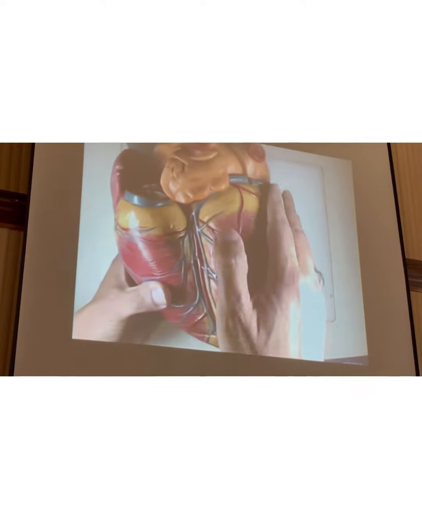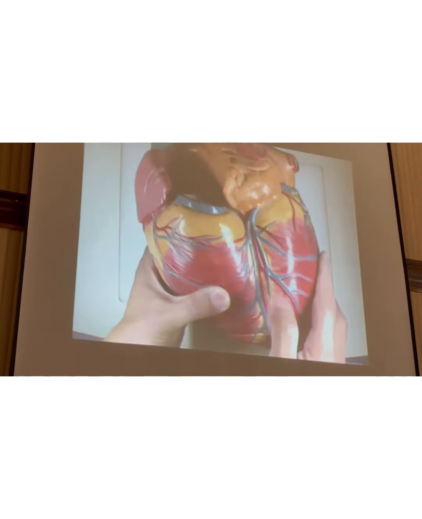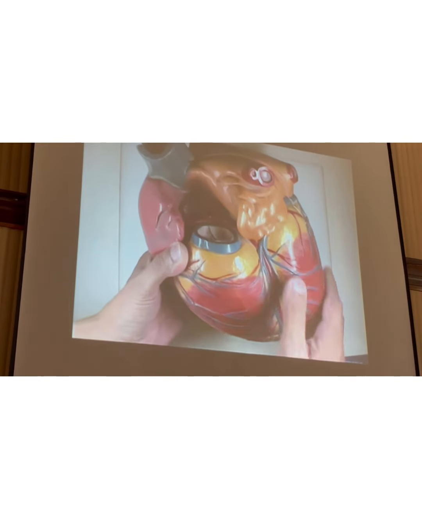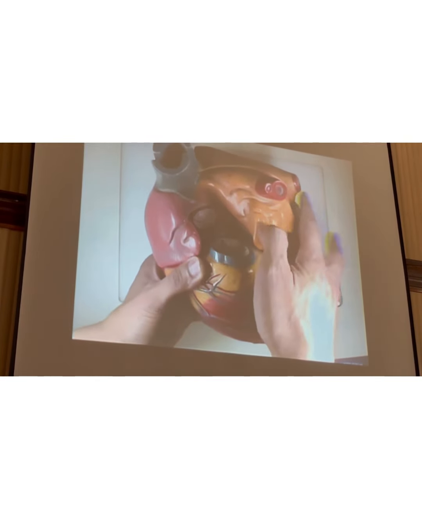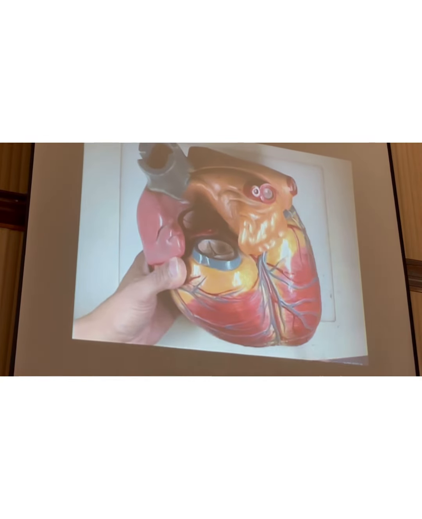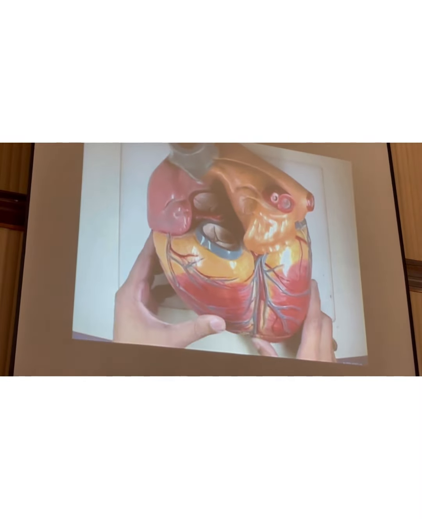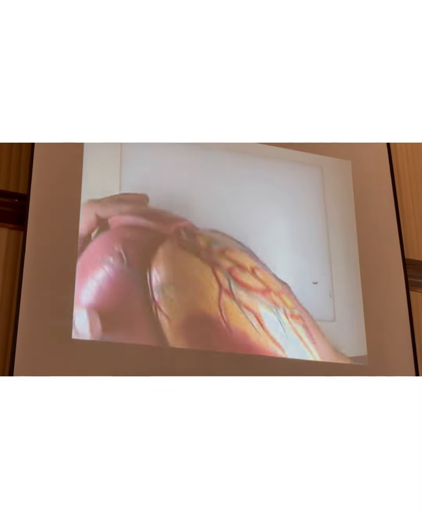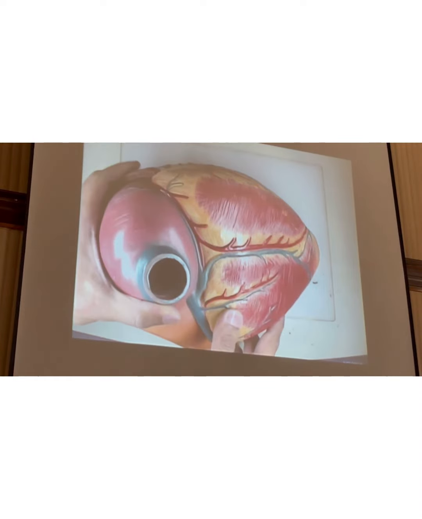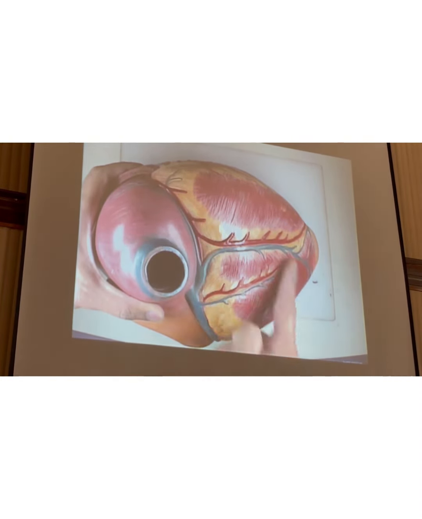The left border is formed mainly by the left ventricle, and part of the upper part here we have the left atrium. So, the diaphragmatic surface, we have both left ventricle and right ventricle.